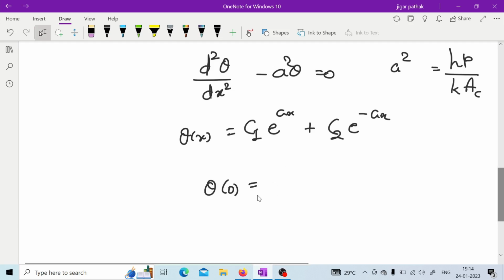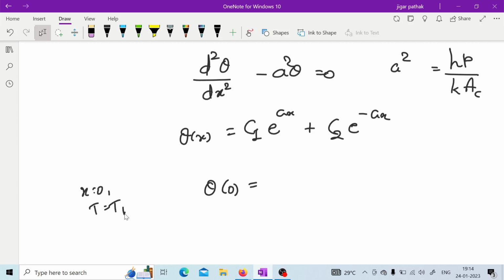At the base of the fin at x is equal to 0, the temperature T is equal to Tb. So if you put this boundary condition into that equation, then you will find theta 0 will be equal to Tb minus T infinite. At x is equal to 0, this theta 0 is nothing but theta b.